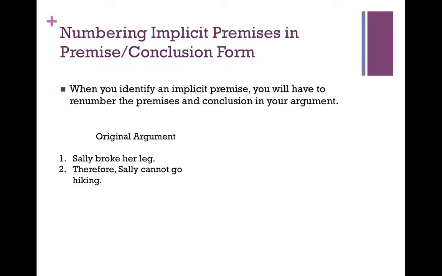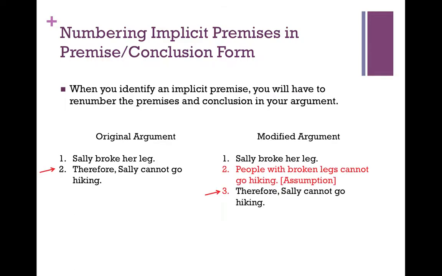So here's an argument, and I know you've seen it many times already: Sally broke her leg, therefore Sally cannot go hiking. As we said, there's an implicit premise in this, which is that people with broken legs cannot go hiking. But once we identify this assumption, notice that we had to renumber our conclusion. We had to move it down to number 3, and then we identify our implicit premise as number 2.